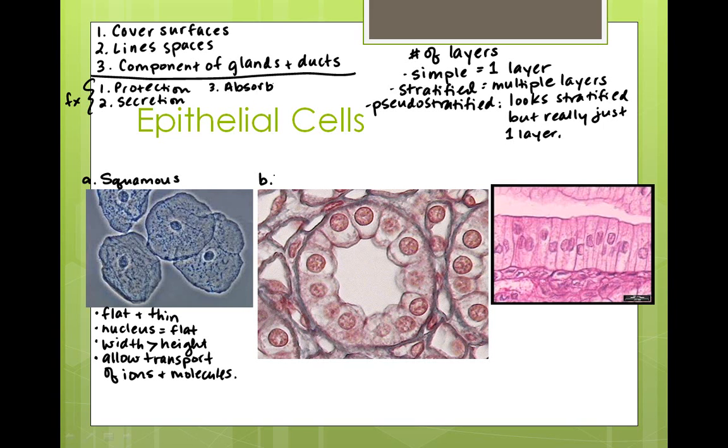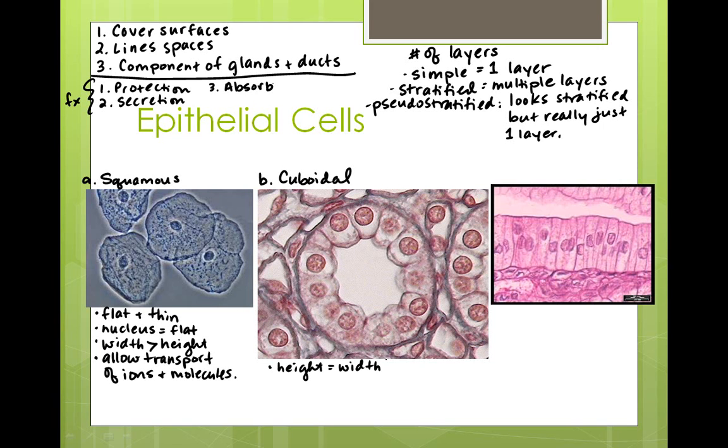All right, this second picture here, these are cuboidal cells. And cuboidal epithelial cells are going to differ from squamous cells in that, well, they're a little bit puffier. Their height is equal to their width, but they're not necessarily four-sided.